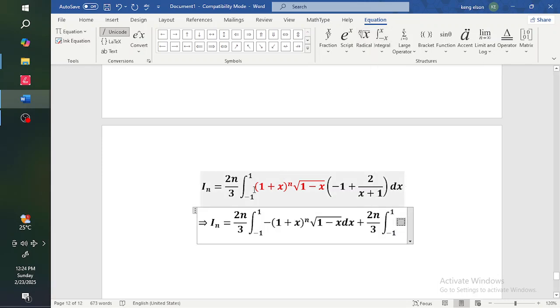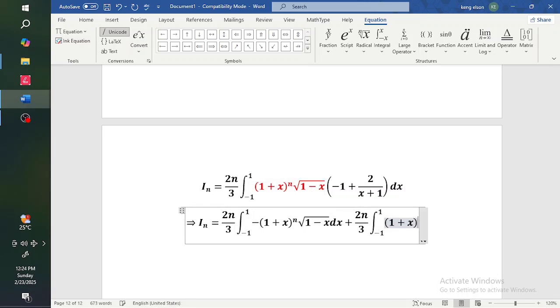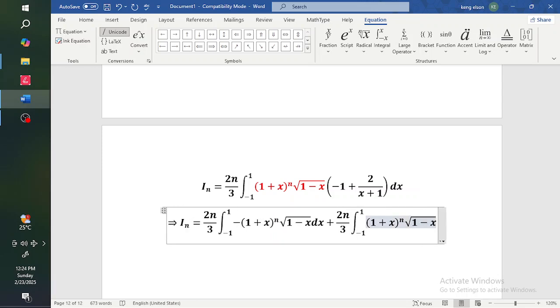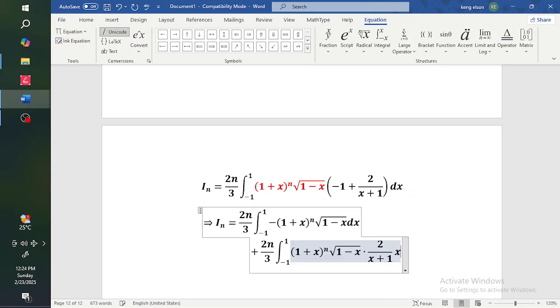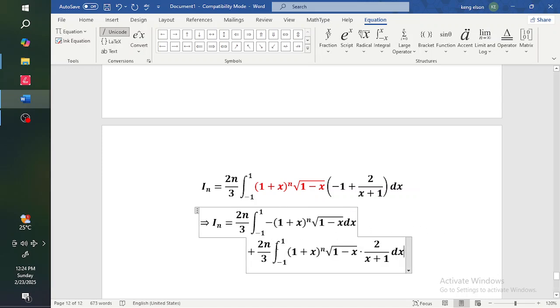If I now multiply everything here with 2 over x plus 1, I'm going to have 1 plus x to the n, the square root of 1 minus x, multiplied by 2 over x plus 1 dx. So I've just separated the integrals.